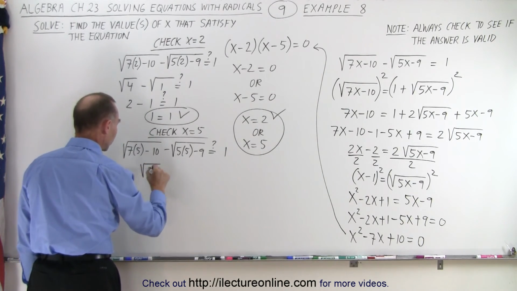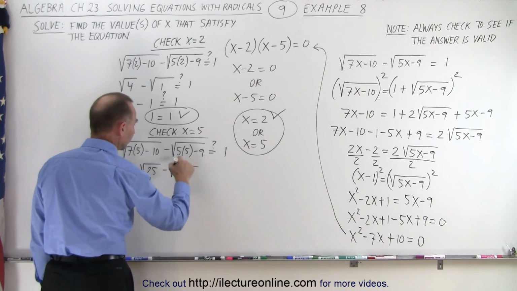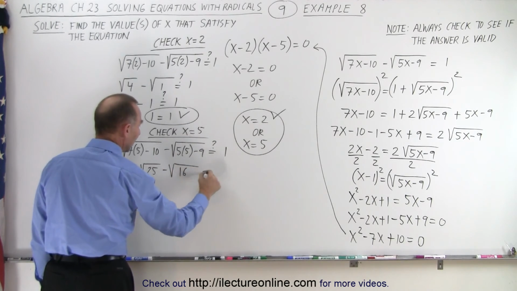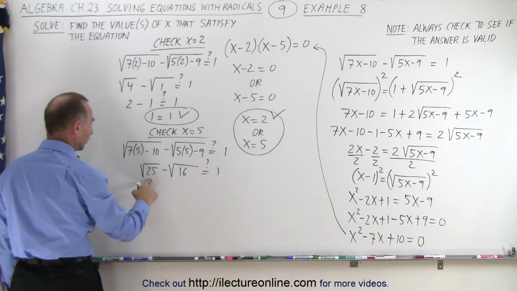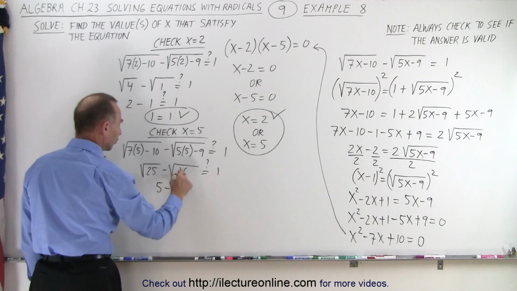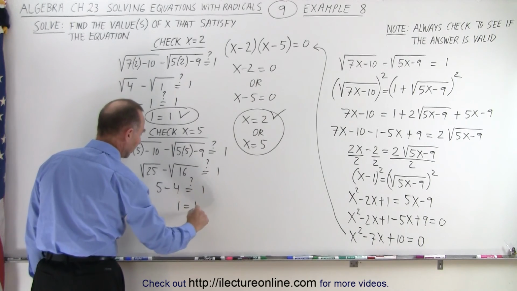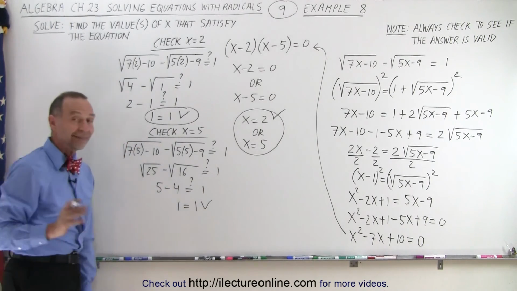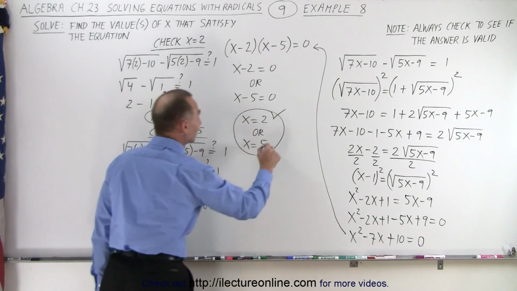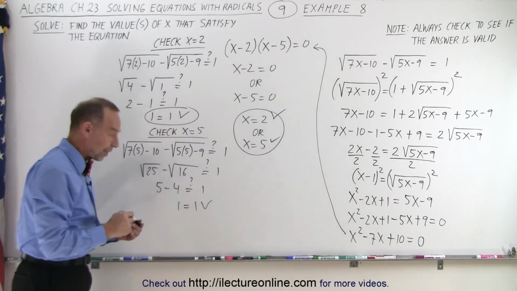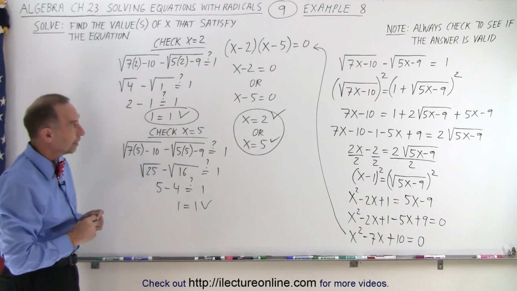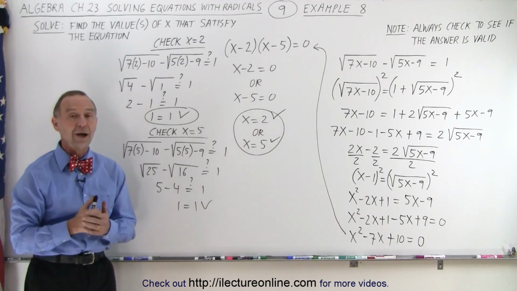So we have the square root of 25 minus the square root of 25 minus 9, which is 16. Is that equal to 1? Well, the square root of 25 is 5. The square root of 16 is 4. Is that equal to 1? And sure enough, 1 equals 1. So again, it satisfies the equation. That means x equals 5 is also a solution. Both of them are, and that is how we figured it out.